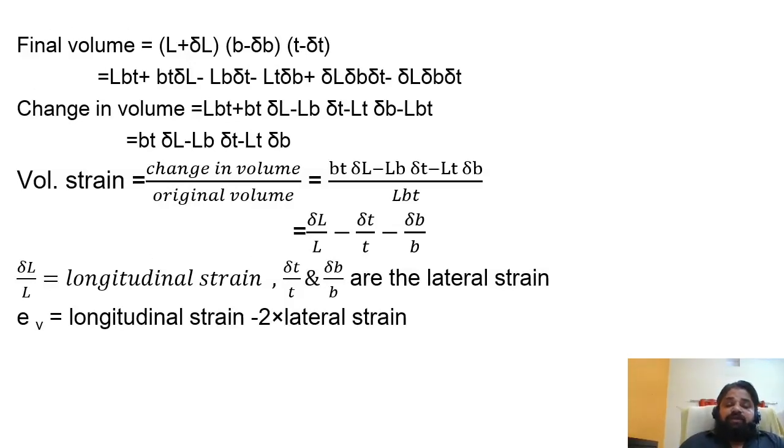Now somebody may ask, if the volume has been changed, then how is it possible that we can write this already? If the volume has changed, that means an infinitesimal change has occurred. What is the volume we are talking about? That volume is very, very small in nature.